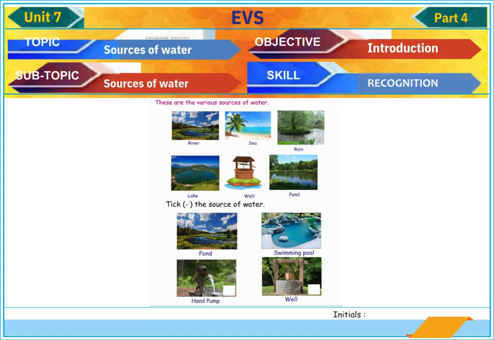These are the various sources of the water. River.